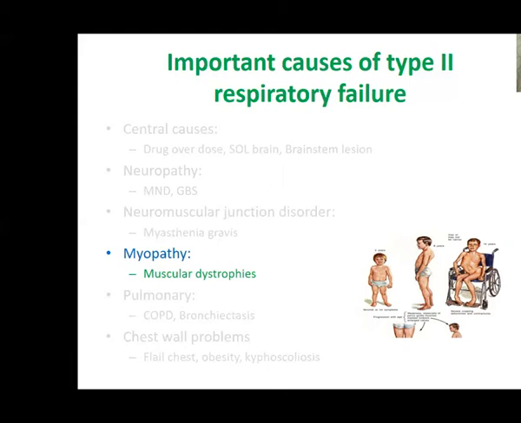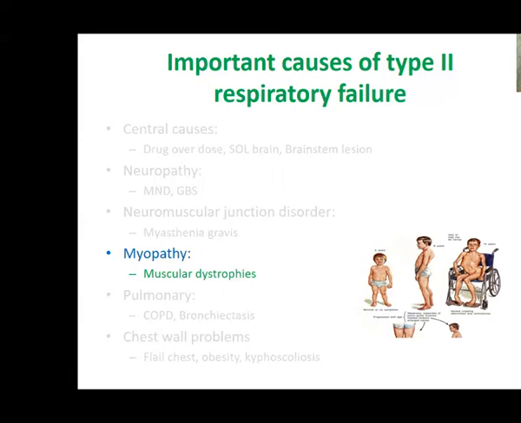The movement of the air, because your chest cage is dependent not only on your respiratory center but also on the stimulus which is coming down from your respiratory center to the chest muscles. Any problem anywhere will affect the movement of your chest. When it affects the movement of the chest, there is alveolar hypoventilation.